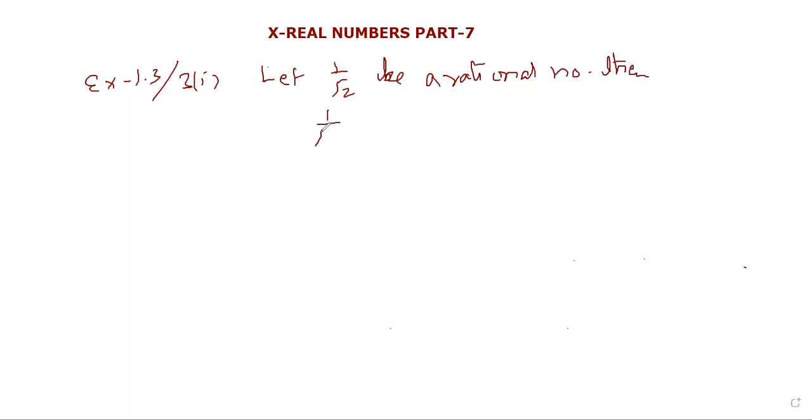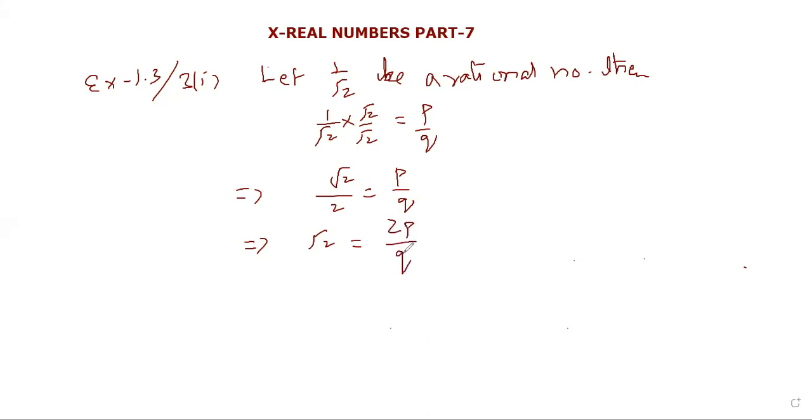Then 1 by root 2 will be equal to p upon q. Now here you have to multiply and divide by root 2 so that the root will come in the numerator. Root 2 into root 2 is equal to p upon q. So this will become root 2 upon 2 equal to p by q.